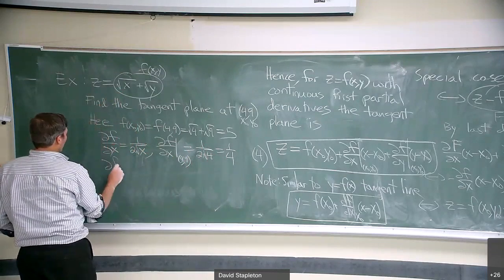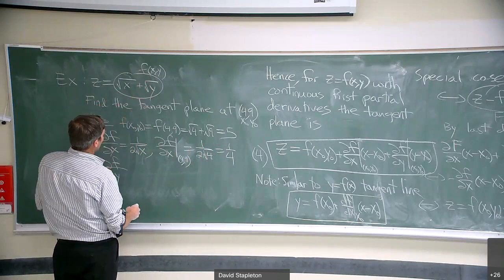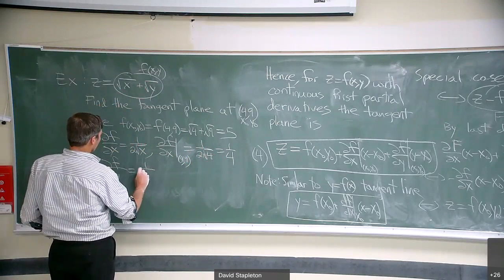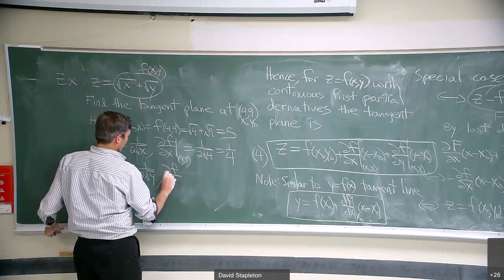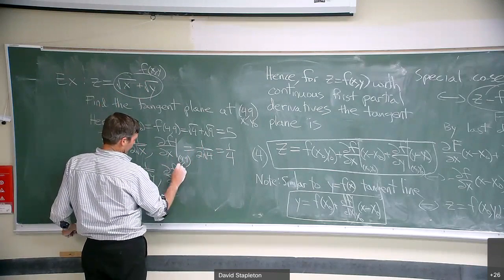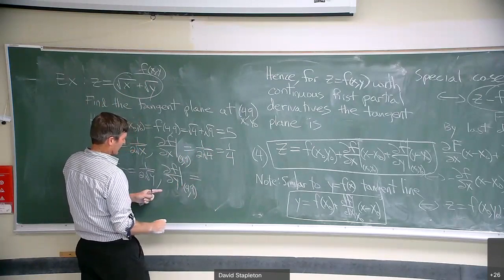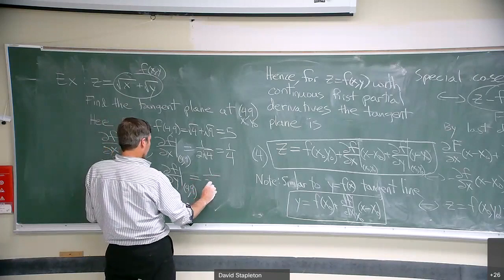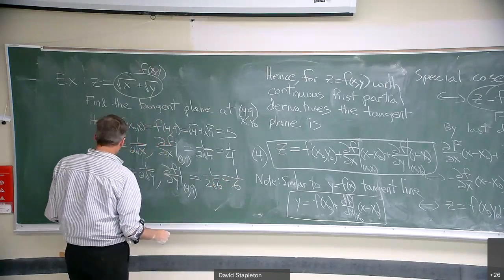Then df dy, just by taking the partial derivative, is 1/2 y to the minus 1/2, is 1/2 square root of y. So df dy at the point of tangency 4, 9 is 1/2 square root of 9, which is 1/6. Now I have everything I need.